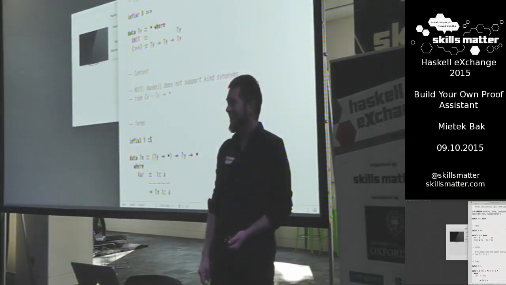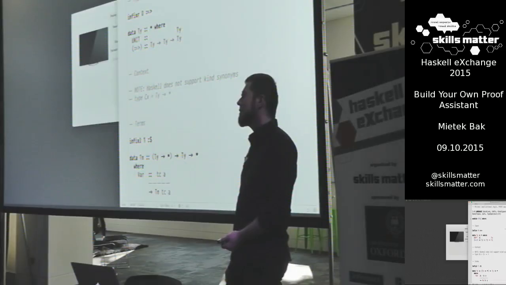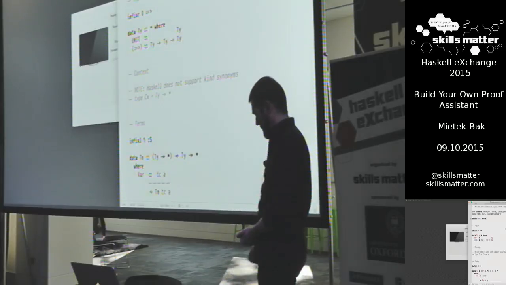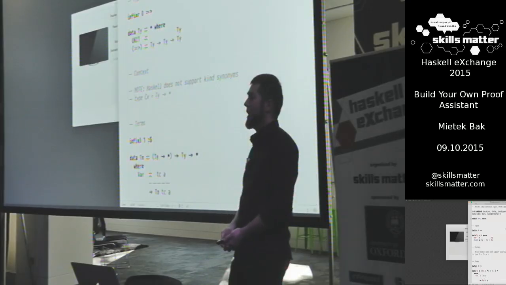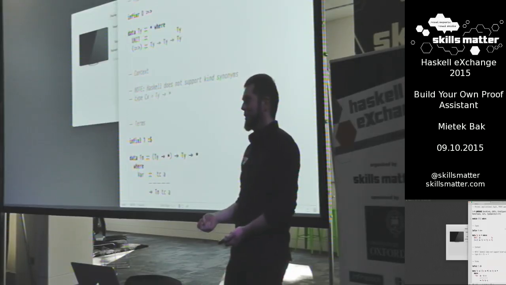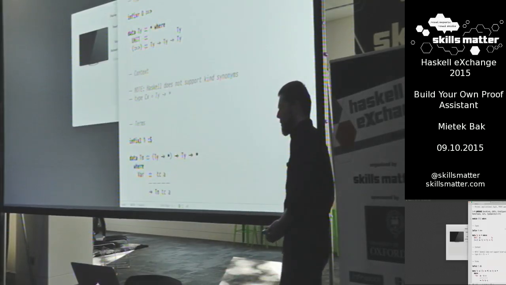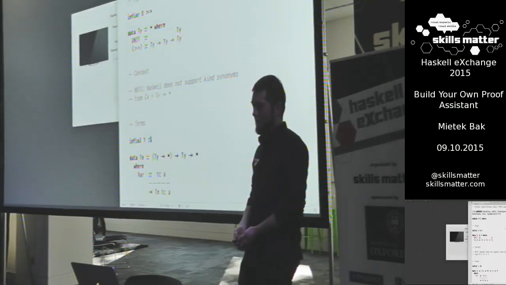Yes? How would you do proof by contradiction in this kind of system? Very good question. So you can't actually do that in simply typed lambda calculus or in minimal implicational propositional calculus, because, well, there is no rule for bottom elimination.